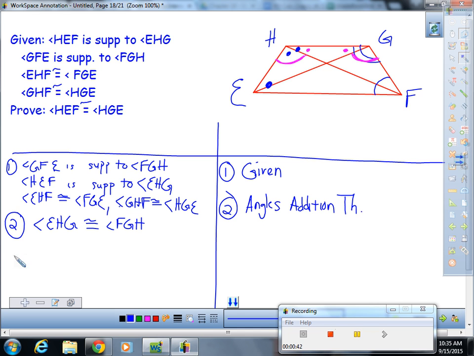All right, well now look, here's where you'll start to see this class is compounding. So if you didn't understand the congruent supplements theorem on the quiz, well now you're going to start falling behind on the next section, okay? Because now I'm done. Look, you know that GFE is supplementary to FGH. You know that HEF is supplementary to EHG.